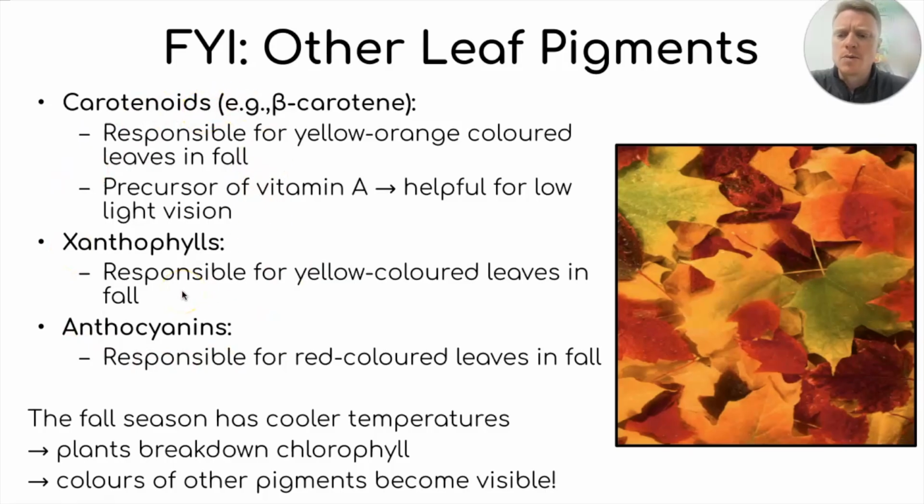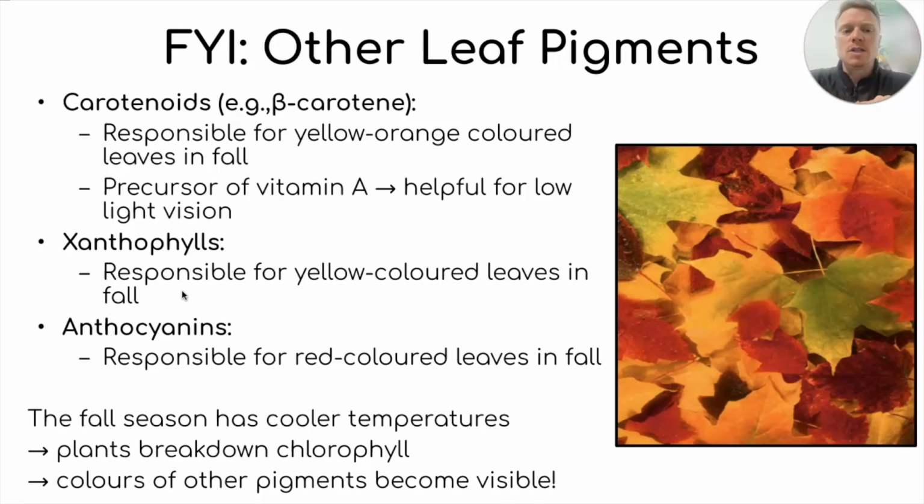So these kind of give us the yellow, orange, red colors that we see on leaves in the fall time as the temperatures get cooler. And what happens is that as the temperatures get cooler, plants take this as a stimulus that the amount of sunlight is about to decrease over the winter time. And so what they actually start to do is prepare their structures to go dormant, to go to sleep through the winter time, and they stop producing their chlorophylls, which means that the other pigments start to become a lot more visible through the leaf.